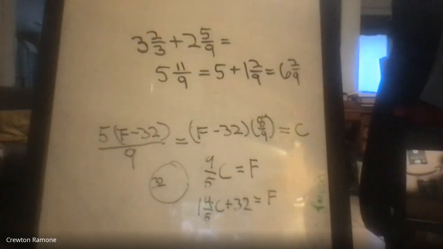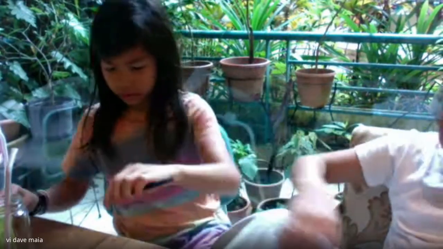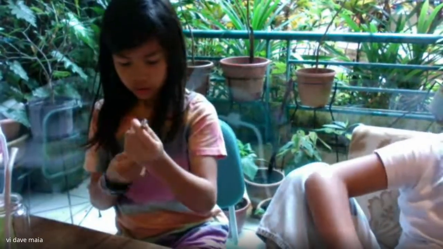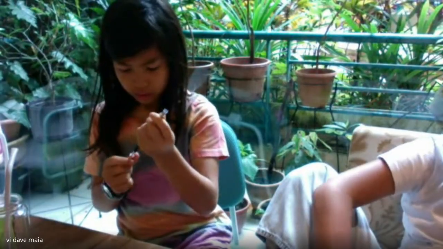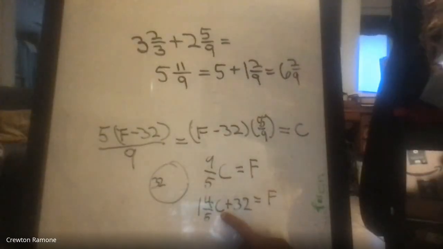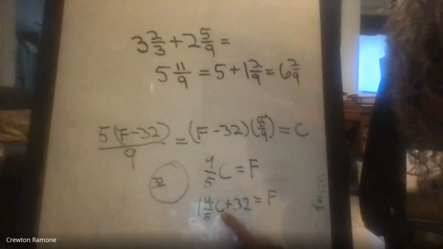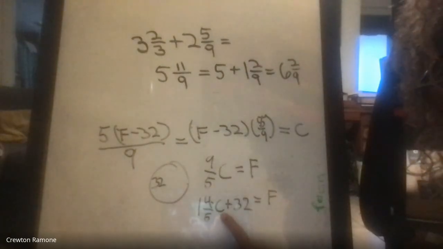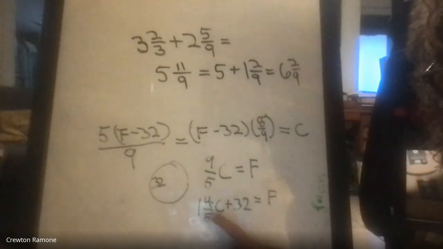Shall we check? Let's check. The formula is, David, I'm going to tell you that C is 37.77.